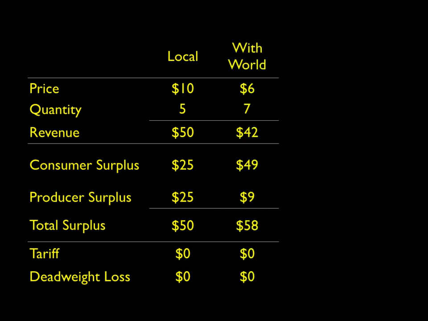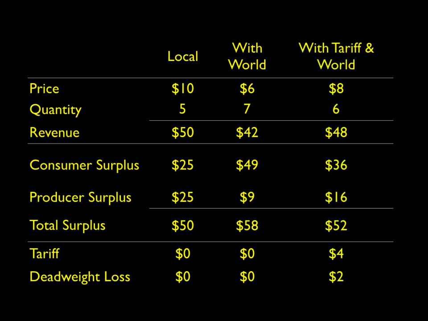If we do allow outside suppliers to come in, or with world supply, the price and the quantity both change. Note that revenue declines, consumer surplus increases, the local producer surplus declines, but total surplus is actually larger with foreign supply. No tariff has been imposed yet, therefore there's no deadweight loss.